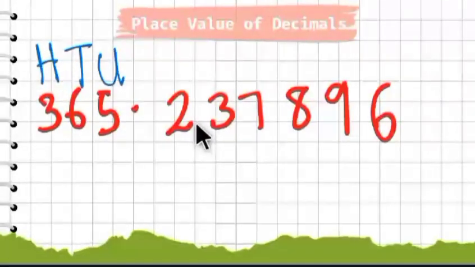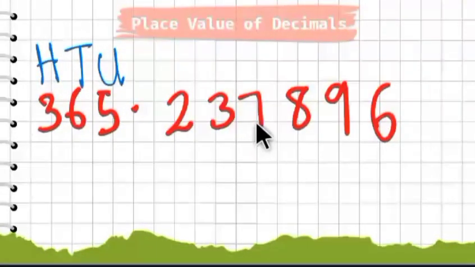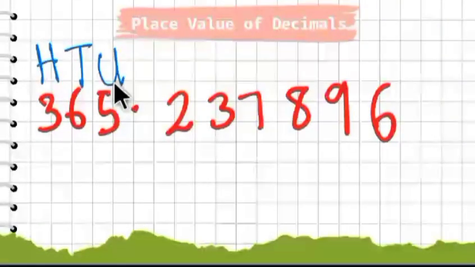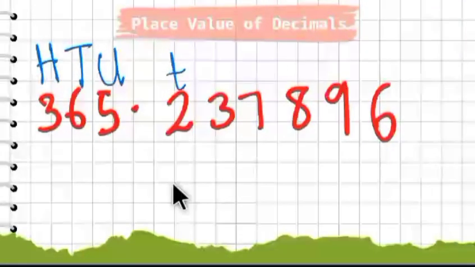Now, let's look at the values of the decimal fraction, or the fractional parts. For our decimal value, we don't start with units, we start with tenths. Now, you might want to ask, why are we starting with tenths?